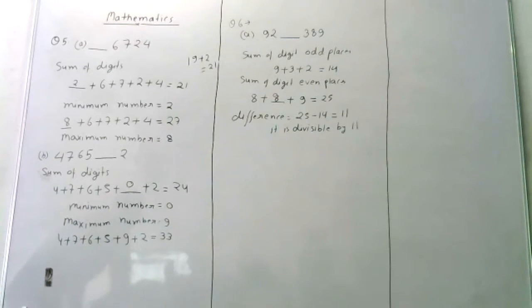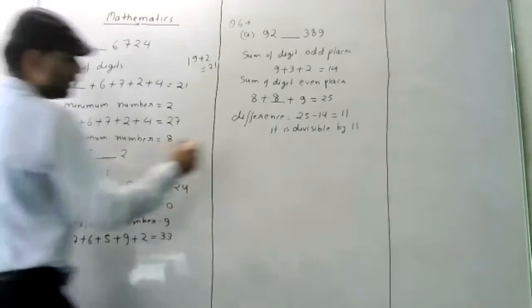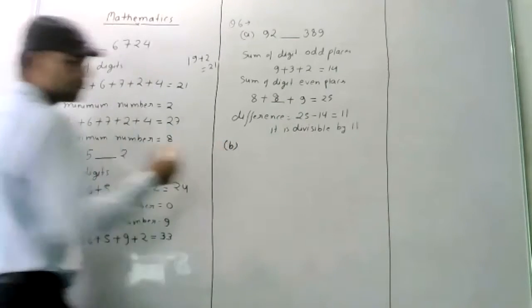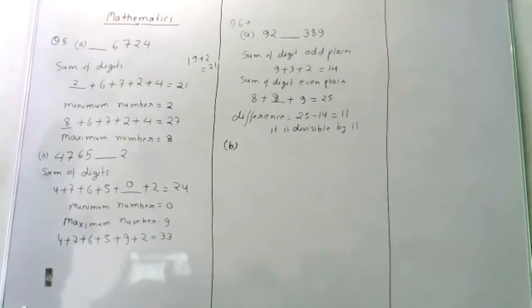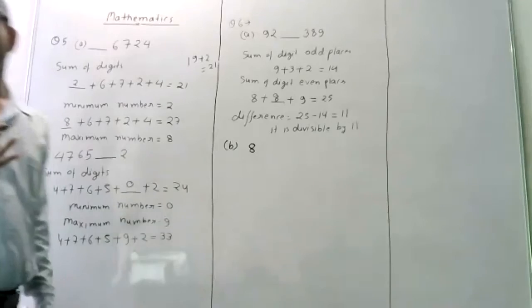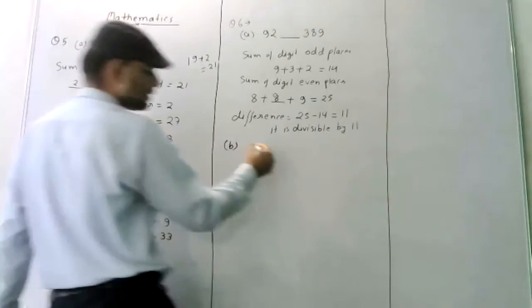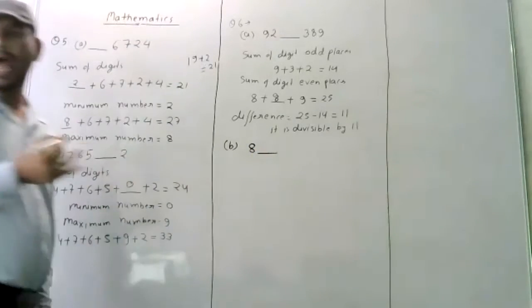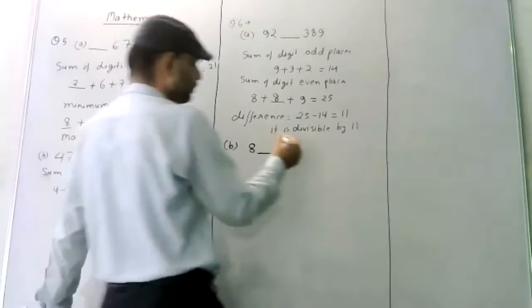No. Now the next is B portion. Here the number is 8, blank place, and 9484.